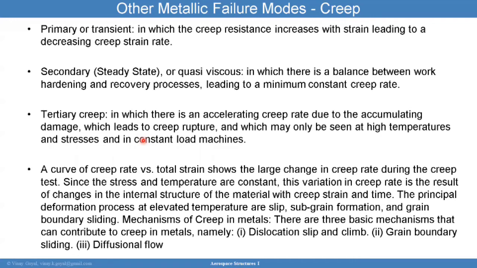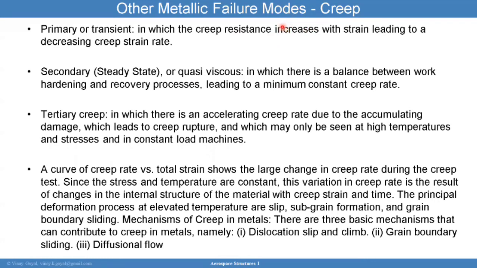And that will lead you to the minimum constant creep rate that is experienced. We also have the tertiary creep, in which there is an accelerated creep behavior due to accumulated damage.